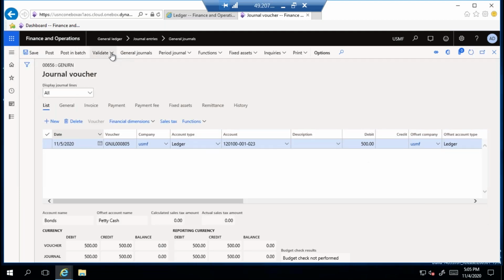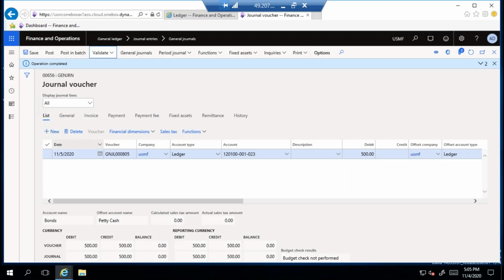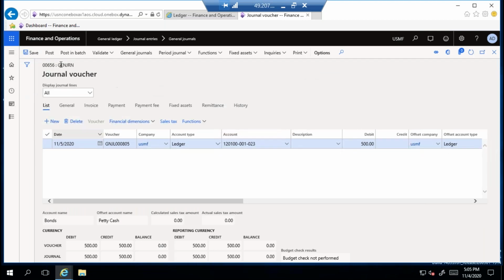If you click on simulate posting, once again everything is fine, you are allowed to post. So the journal is okay. If a blue highlighted screen is coming, it means everything is fine. Now we can post this transaction.